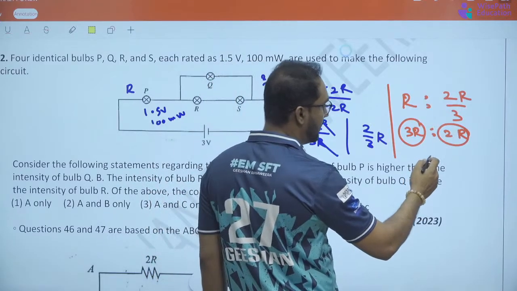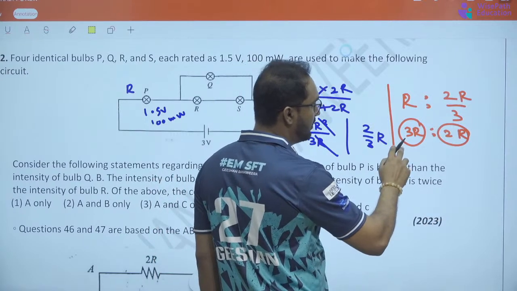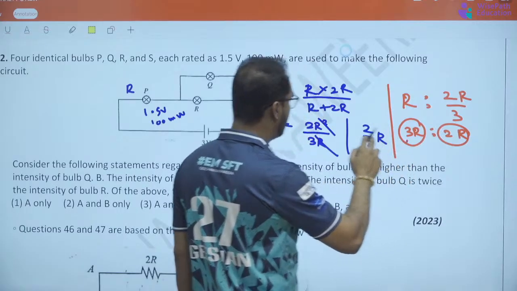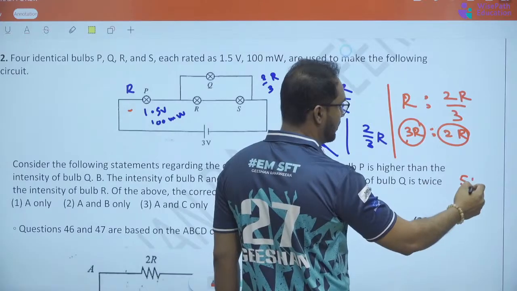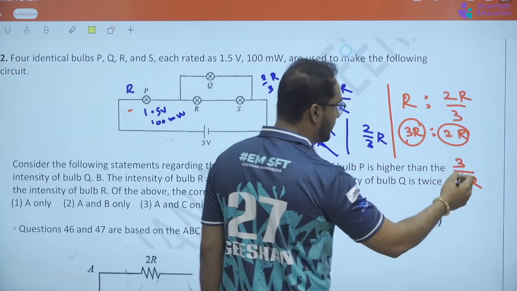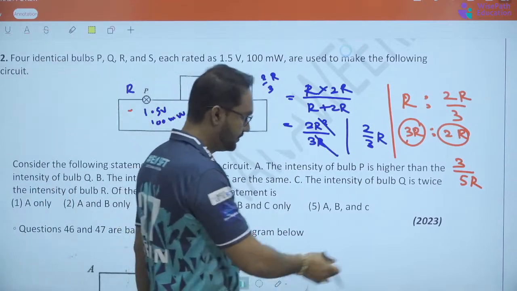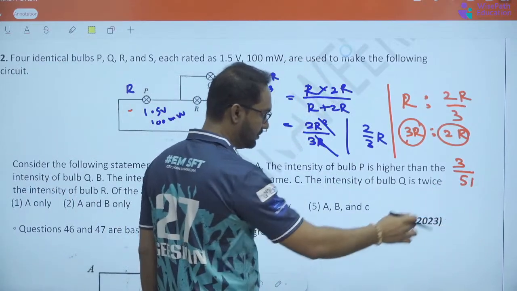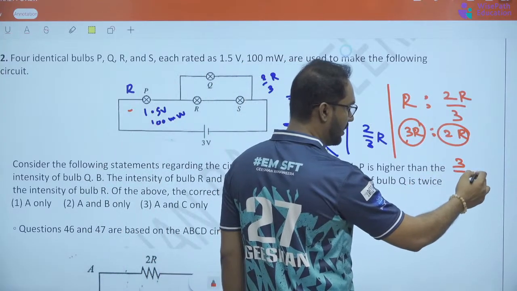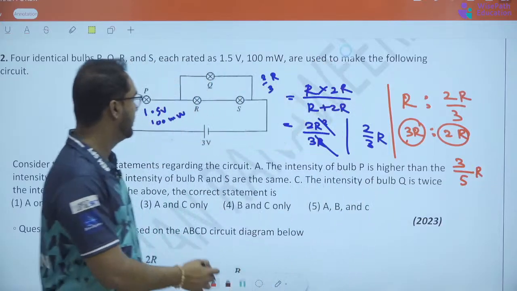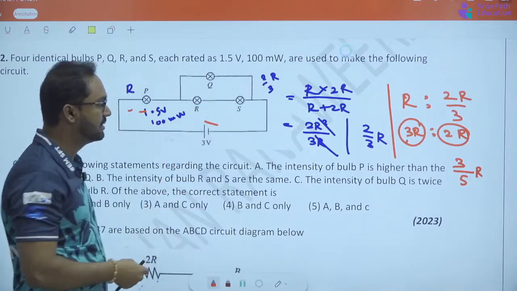So it is 5R both together, and 3 out of 5 is to this resistor, and 2 out of 5 is to this other resistor.